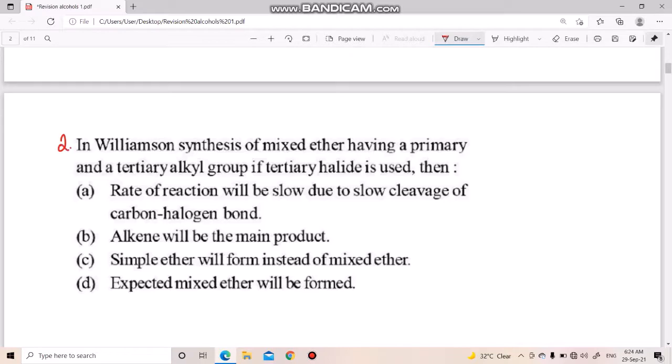Question number 2. In Williamson synthesis of mixed ether having a primary and tertiary alkyl group, if tertiary halide is used, then... Okay, we know Williamson synthesis is used for the preparation of mixed ether having primary and tertiary alkyl groups.